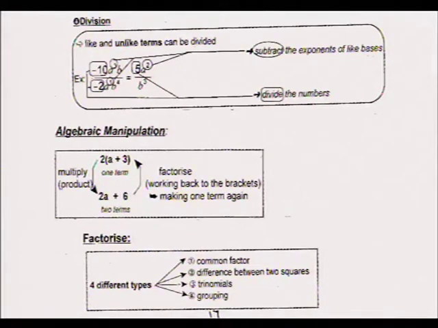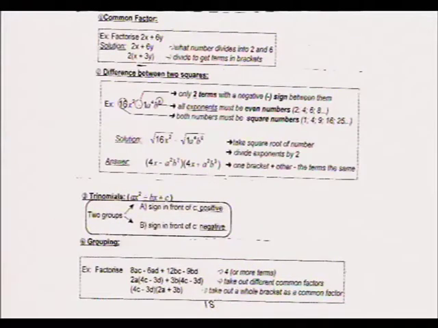When we have expansion, multiply the product, so 2 times in brackets a plus 3, then we multiply 2 times a, which will be 2a, and 2 times 3, which gives us 6. When we factorize, there are 4 different types: the common factor, the difference of squares, the trinomials, and the grouping.